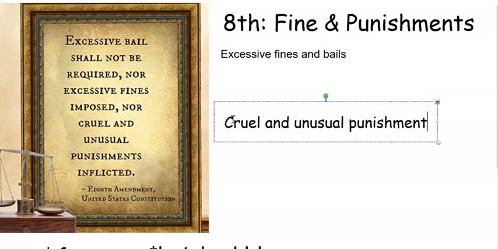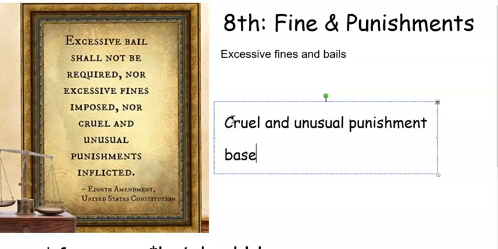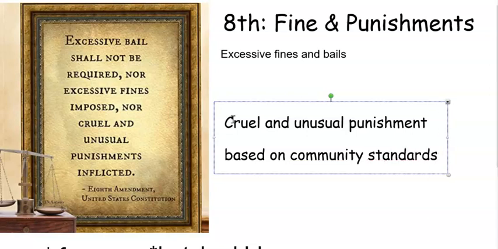And we have had the Supreme Court deal with a number of specific situations in which they have to decide, does this constitute cruel and unusual based on community standards.